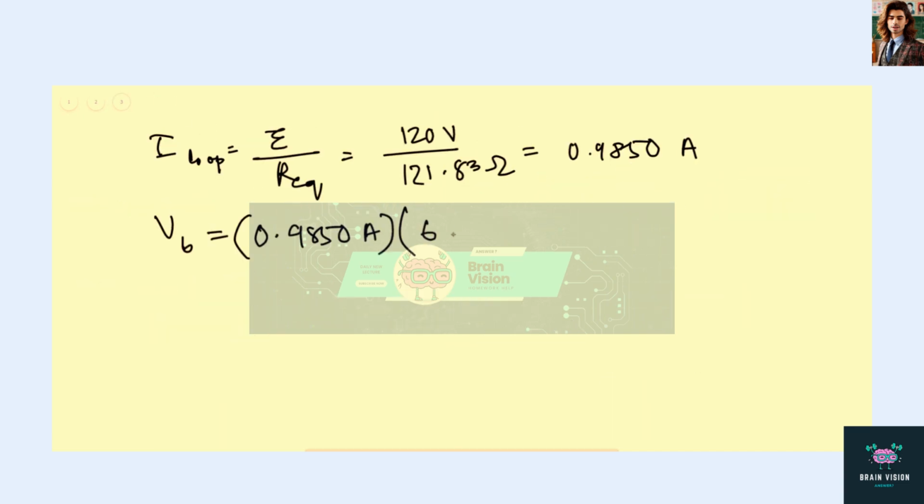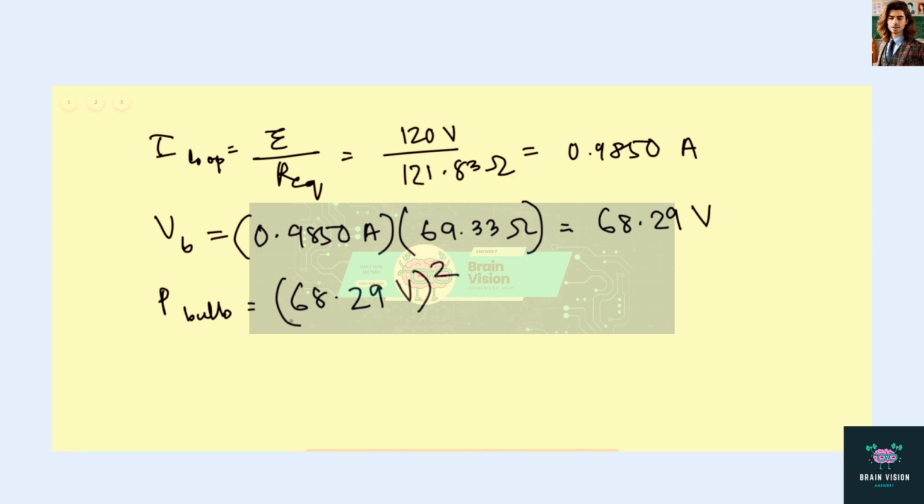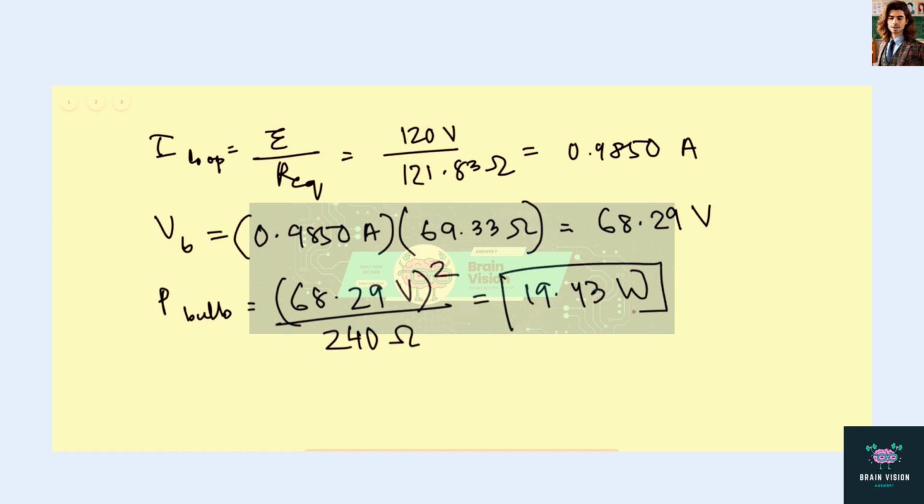So we plug that, and this gives the voltage to be 68.29 volt. Now we can find the power of the bulb by taking the square of the bulb voltage and dividing it by the resistance of the bulb. That gives the power to be 19.43 watt. So that's the power in part B.